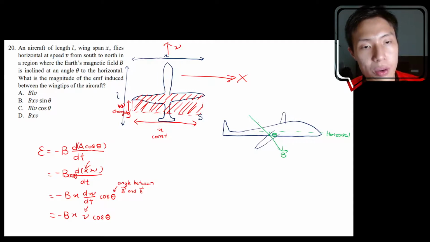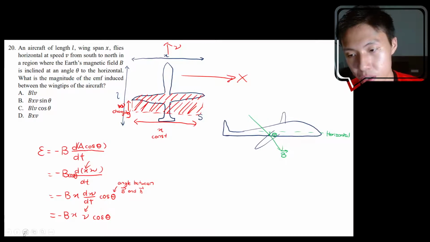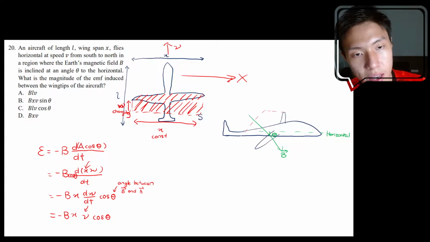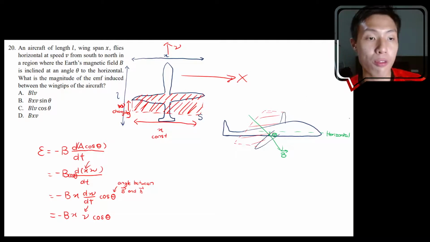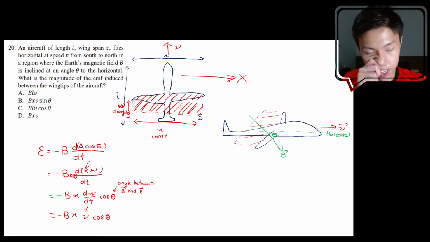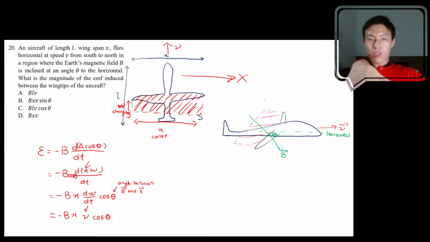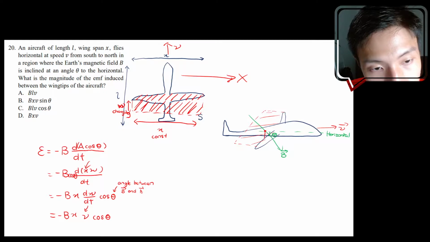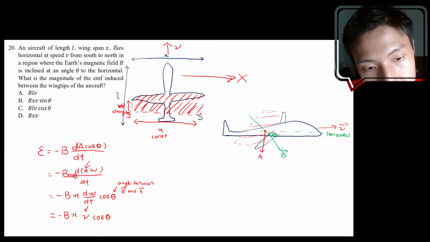Now your wing is swiping through an area which you can draw like this. This is the area swiped through by the wingtip as it moves forward with V. The area is flat along the horizontal, so the area vector should point either upwards or downwards. In this case, I'm going to choose it to be pointing downwards. This is the area vector.